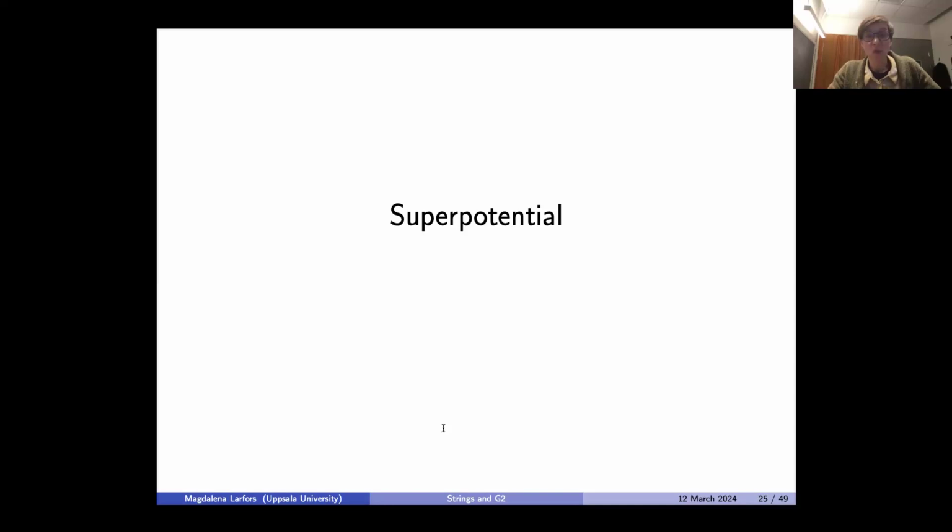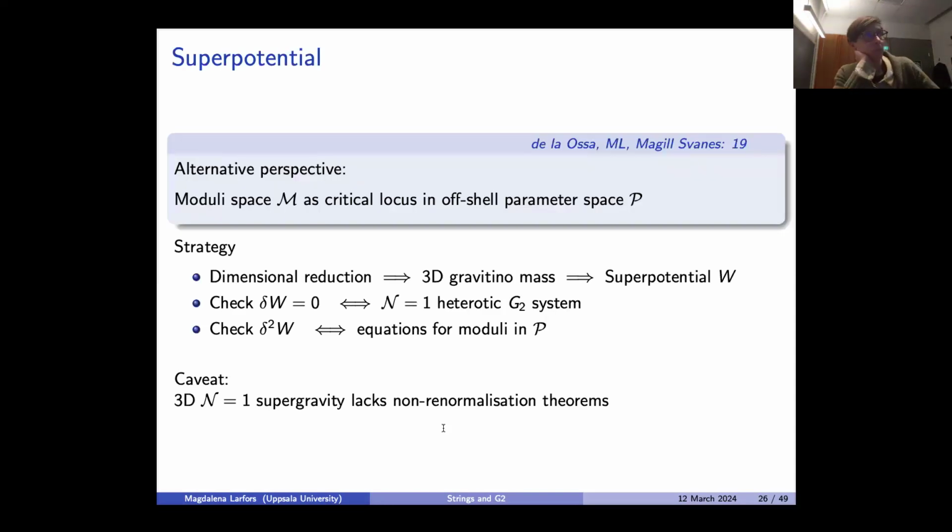Okay, so the superpotential then. I've talked about the moduli space, and I've done a deformation study to say something about the local moduli space close to a solution. And what we find is only the infinitesimal moduli, like the tangent space to the moduli space at that point.